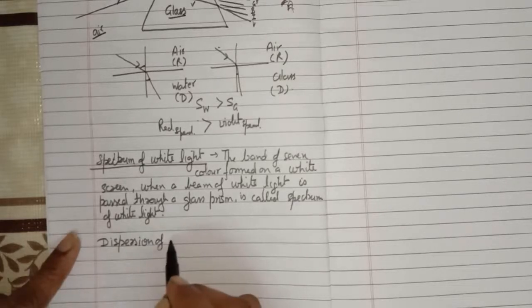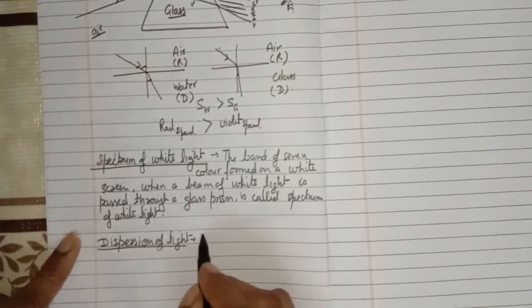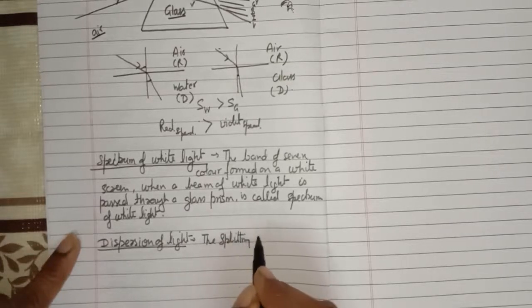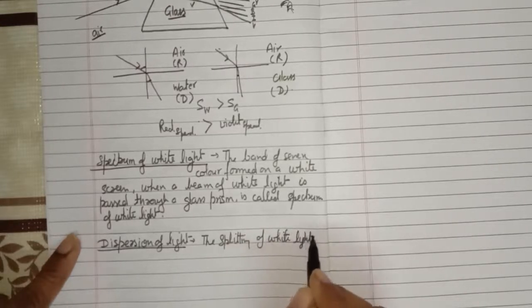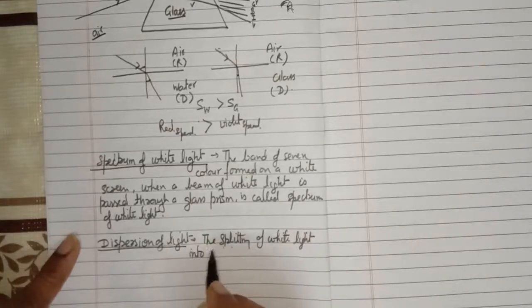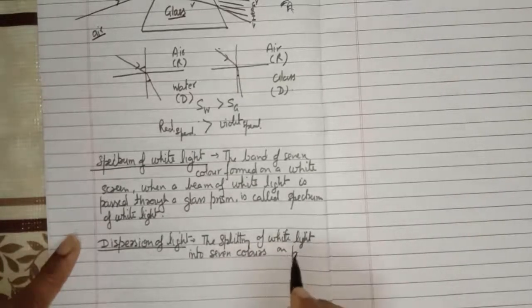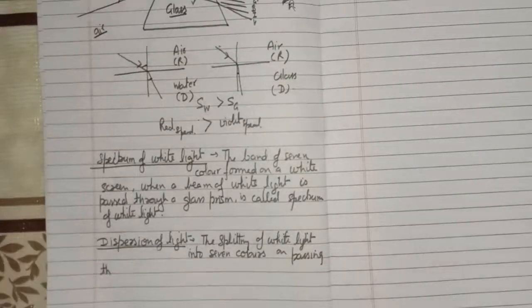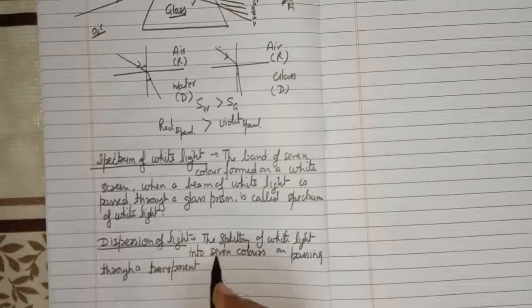Dispersion of light. So write down the definition of dispersion of light. The splitting of white light into 7 colors on passing through a transparent medium.